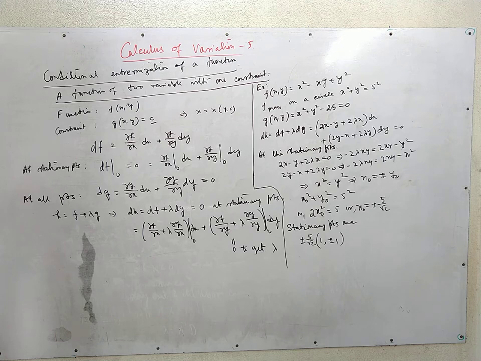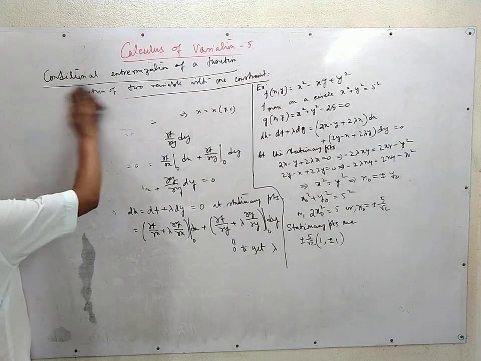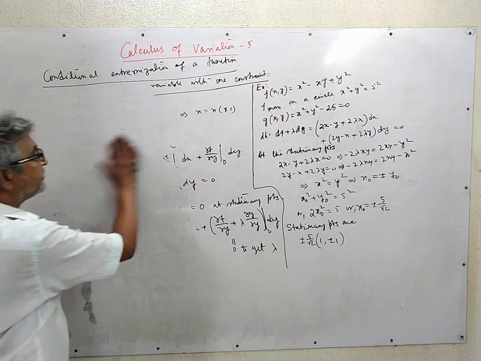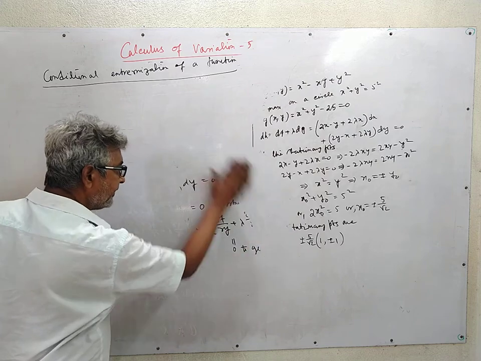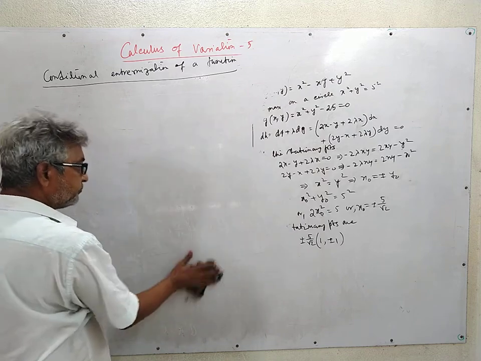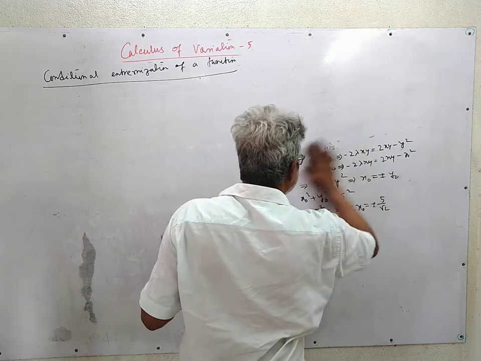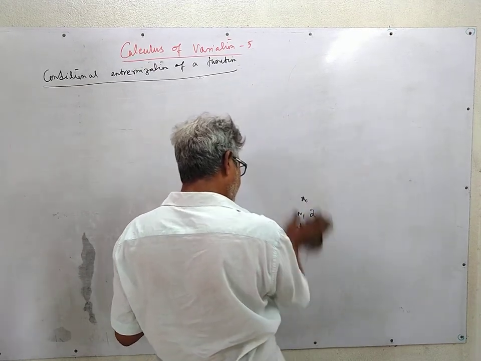Now, we extend the theory to more than one variable, which may in general be subjected to more than one constraint. So we consider a function of n variables which are subjected to k number of constraints, and obviously k must be less than n.